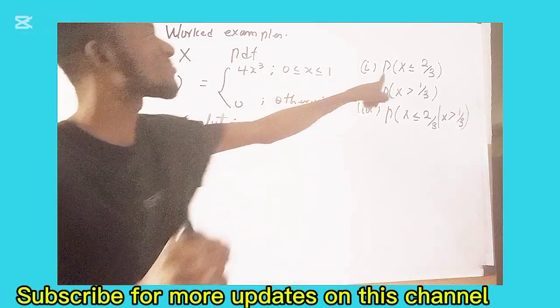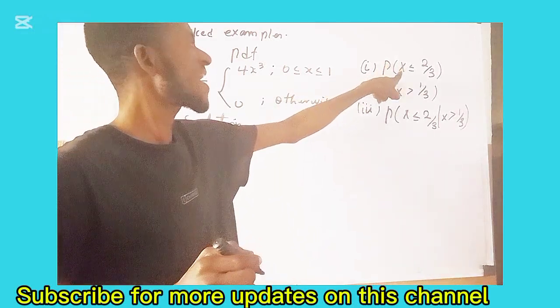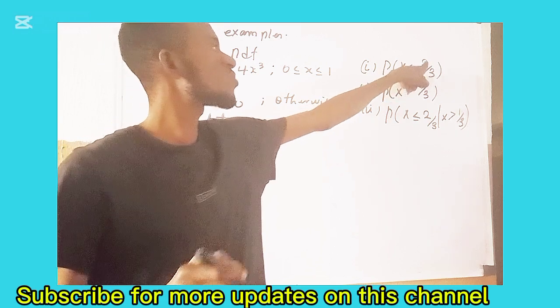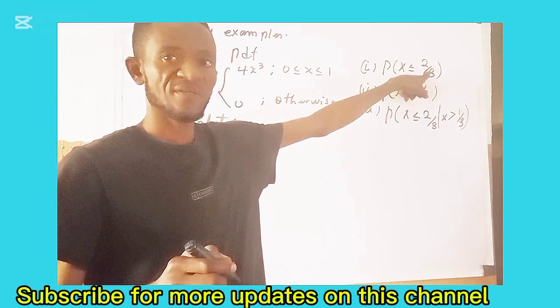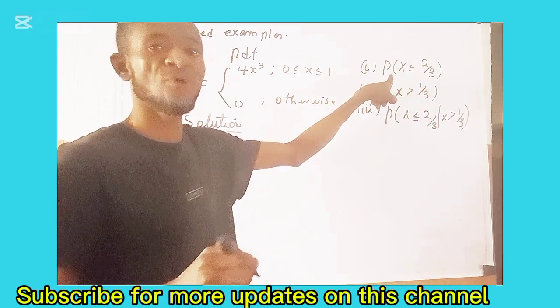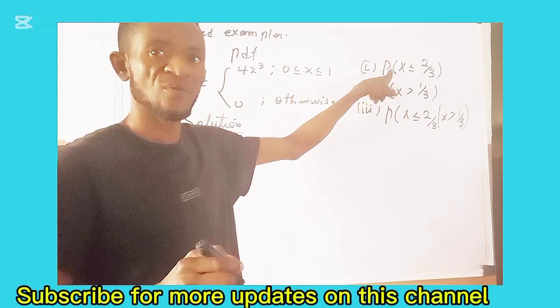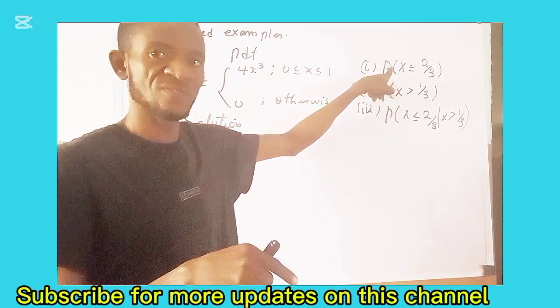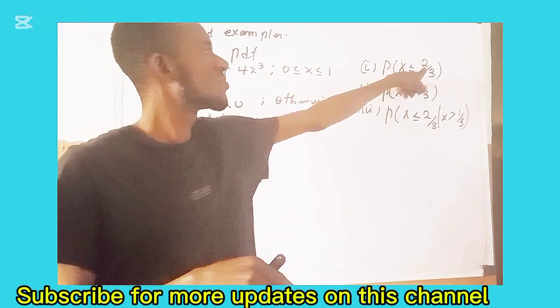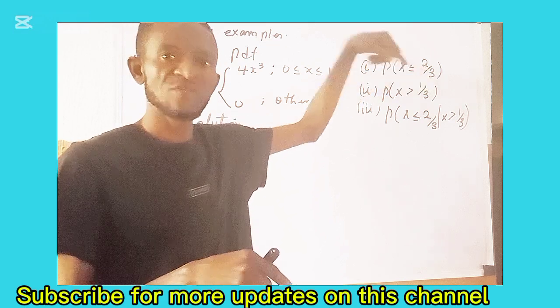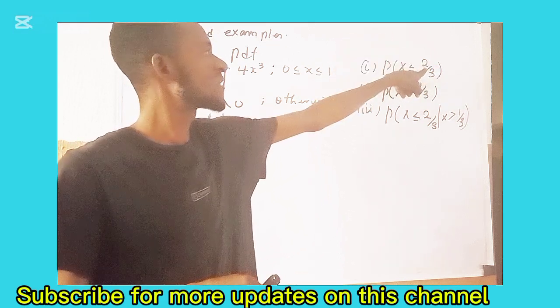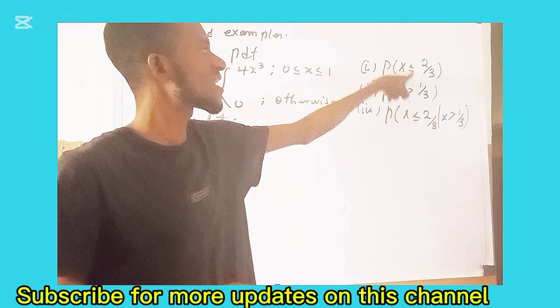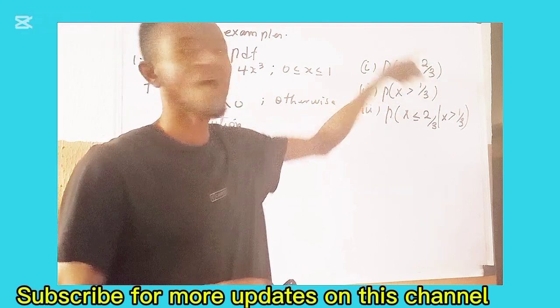What this means is the probability that x is less than or equal to 2 over 3. So when you are to find the probability of a continuous random variable, you integrate the function over the range that is given to you. And the range that is given here is x less than or equal to 2 over 3.